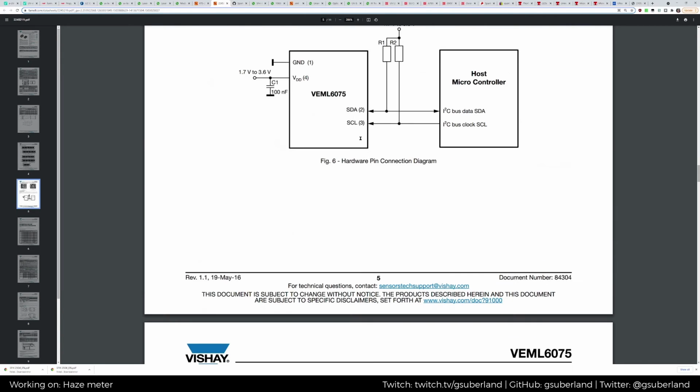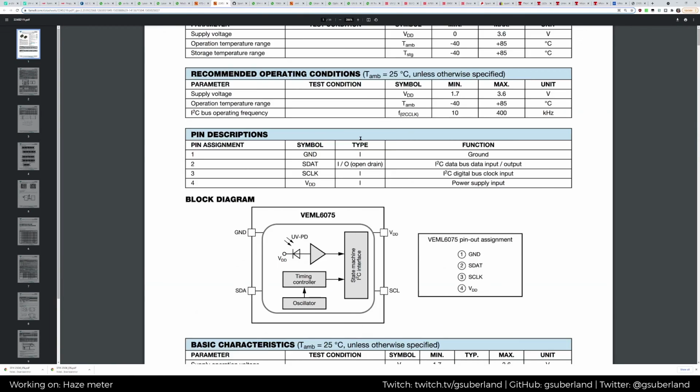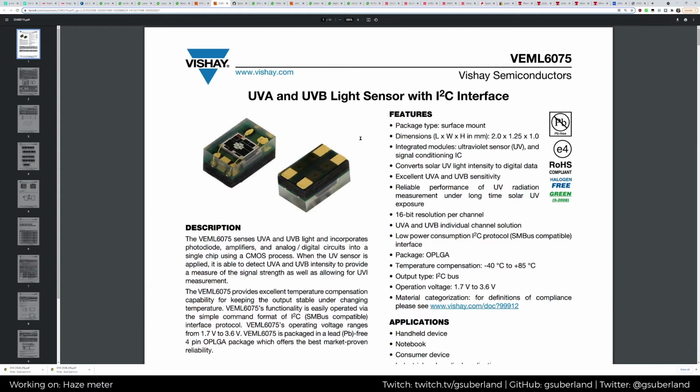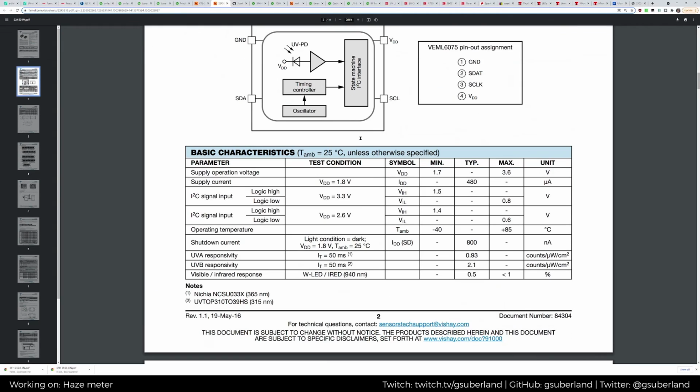So what's the sensitivity of this thing? Like, is there a... Oh, okay. Huh.